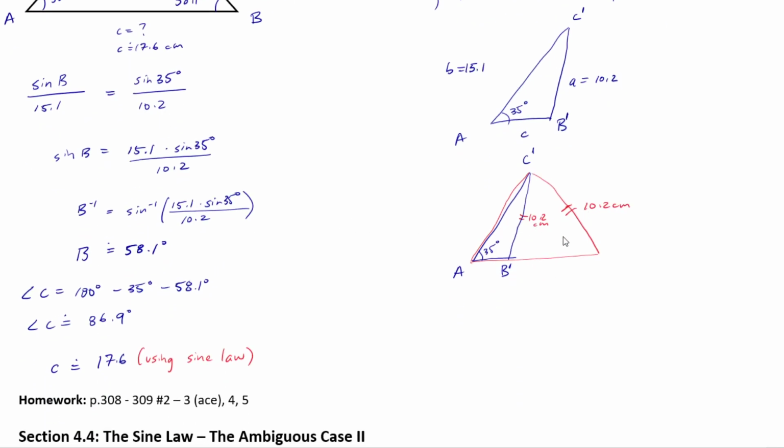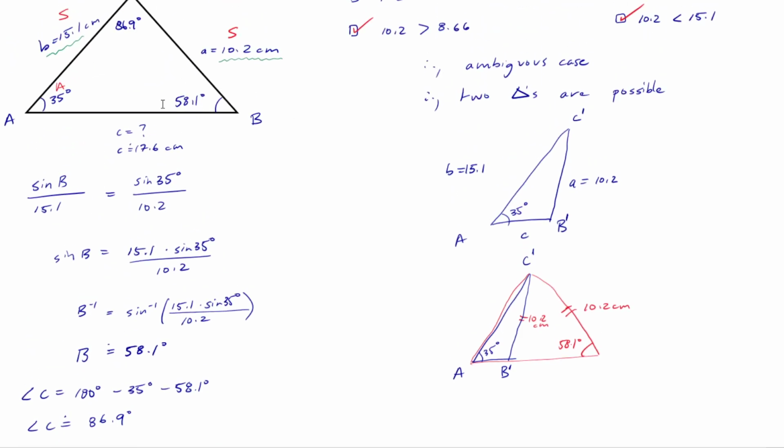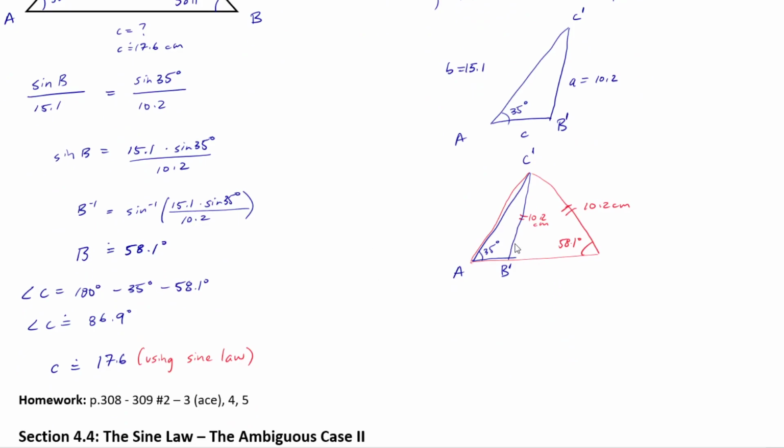Having an isosceles triangle over here means that if this was 58.1 from this question, then this angle right here is 58.1 degrees, which means that B prime in my second possible triangle is equal to 180 degrees minus 58.1 degrees.